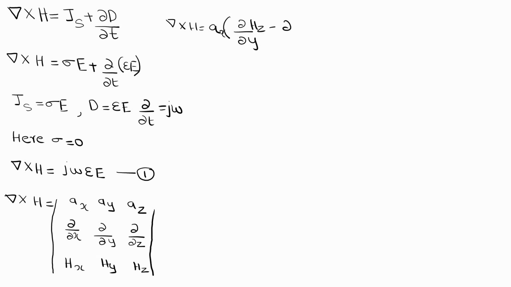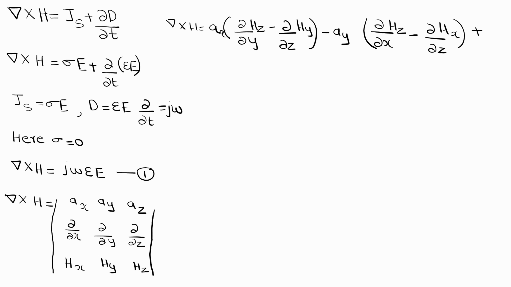This is the component of the unit vector Ax, minus Ay into dou by dou x of hz minus dou by dou z of hx, plus Az into dou by dou x of hy minus dou by dou y of hx. Consider this equation as 2.